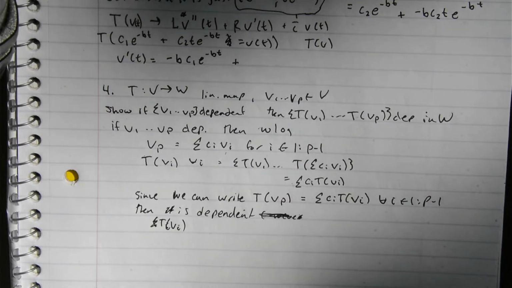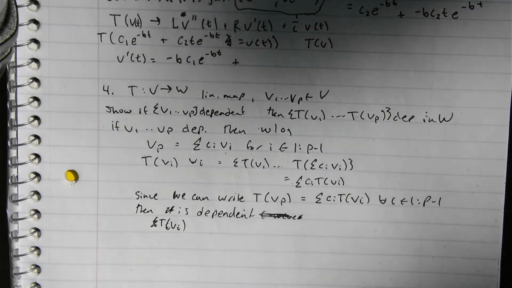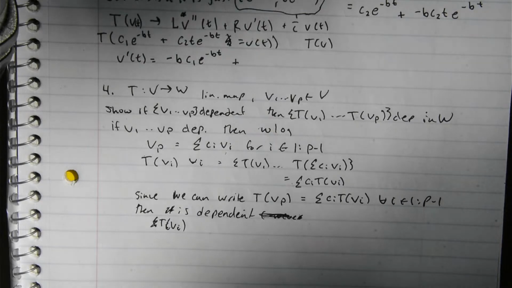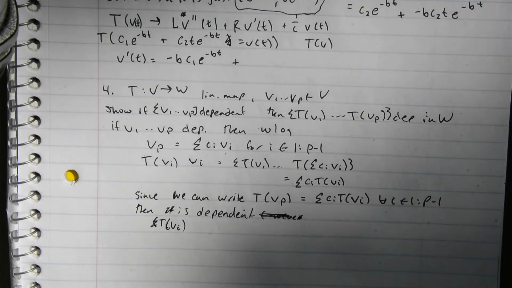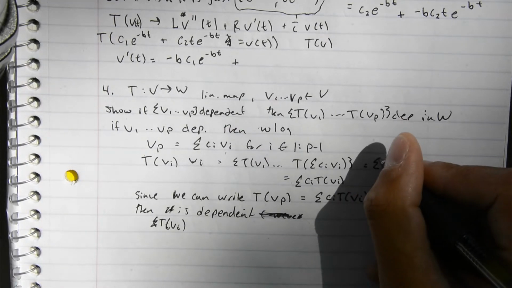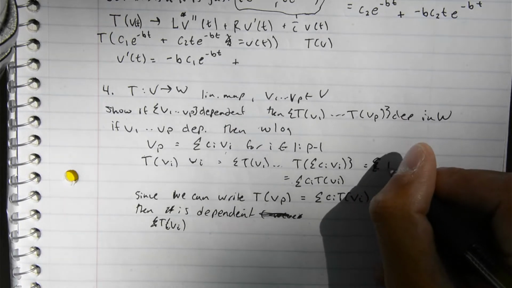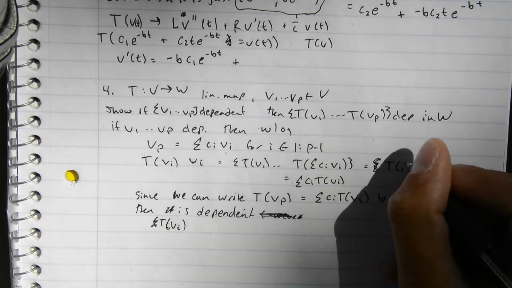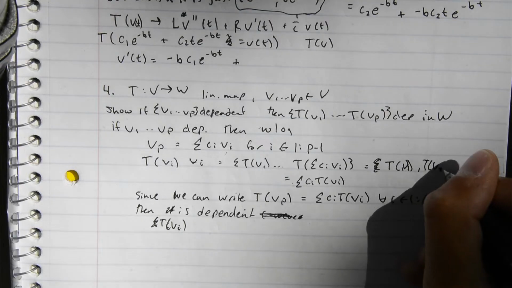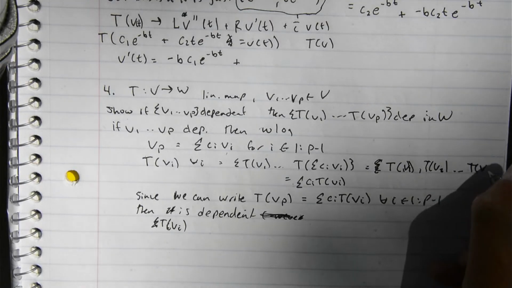Yeah, VP is equal to the... So alternatively, we could have written this as the set of T V1, T V2, T VP.